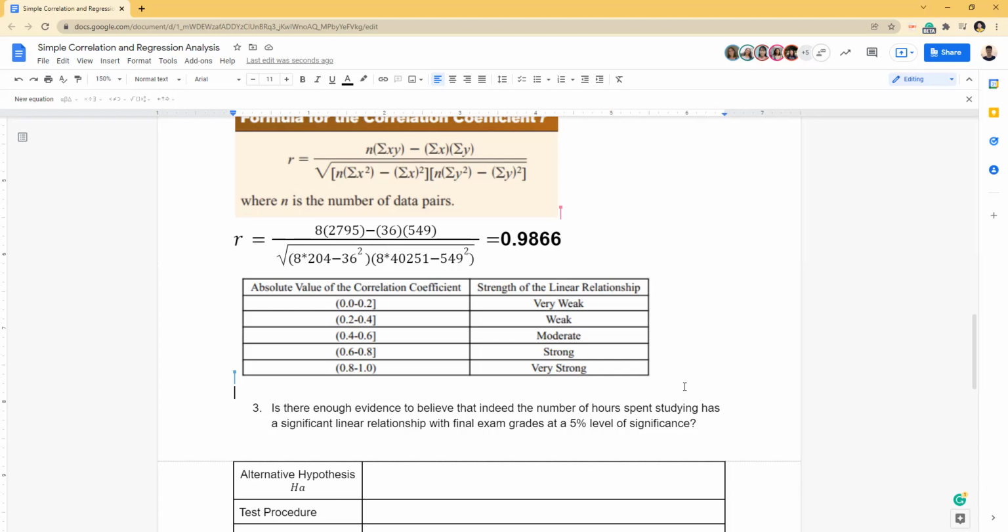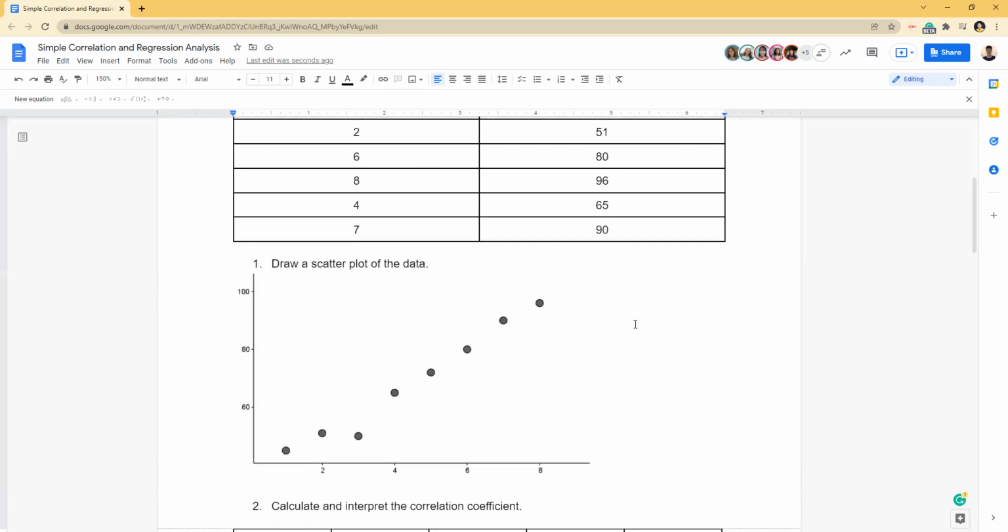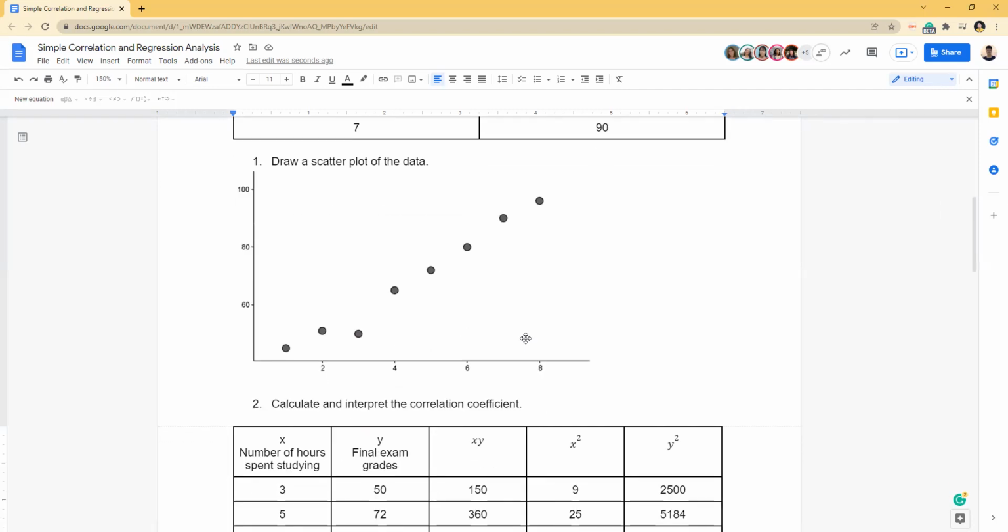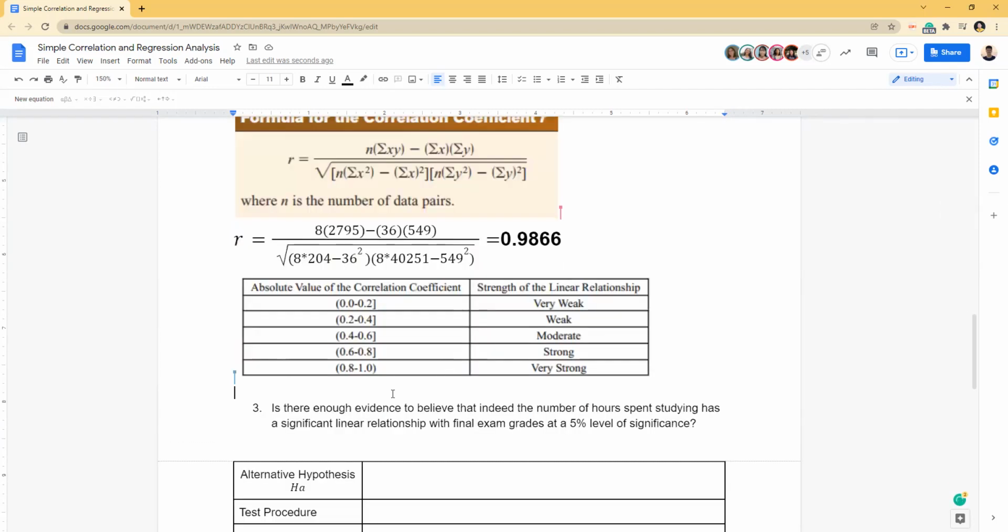So you can say, the first thing you need to do is check the scatter plot. If your scatter plot looks like this one, pataas siya from left to right, ibig sabihin you have a positive linear relationship. Pero kung pababa siya, decreasing from left to right, you have a negative linear relationship. But for this case, since pataas siya, you have a positive. So you can say there is a positive.